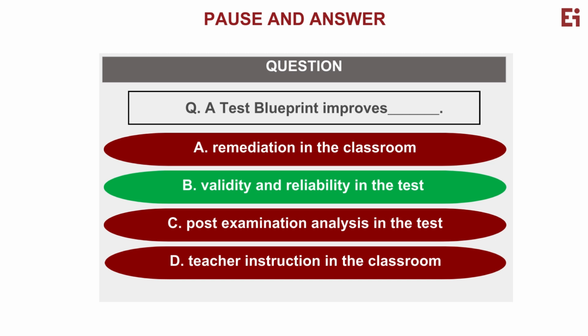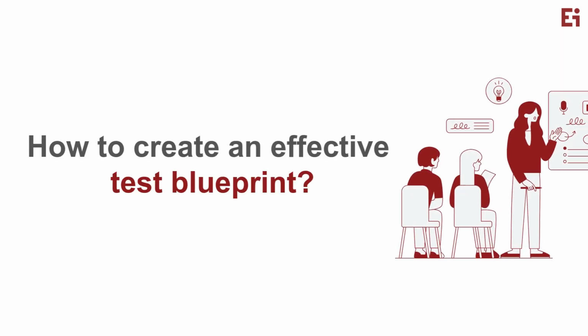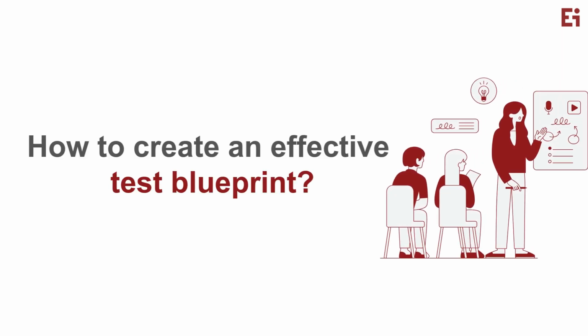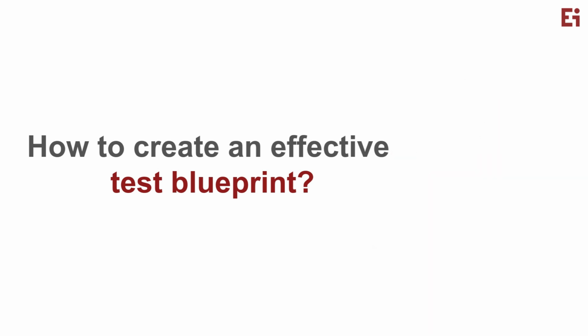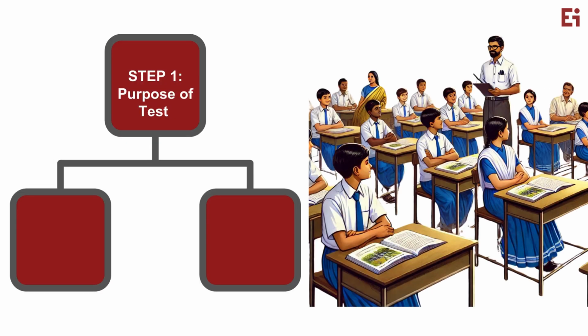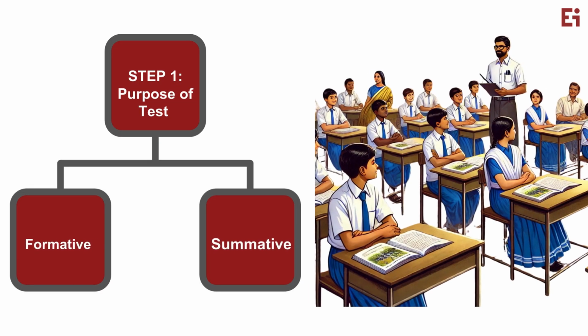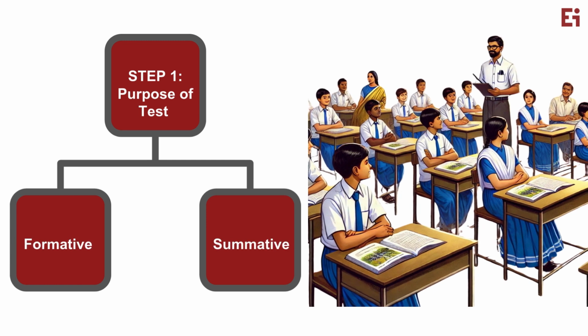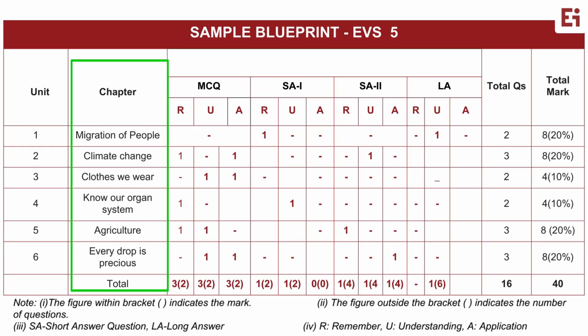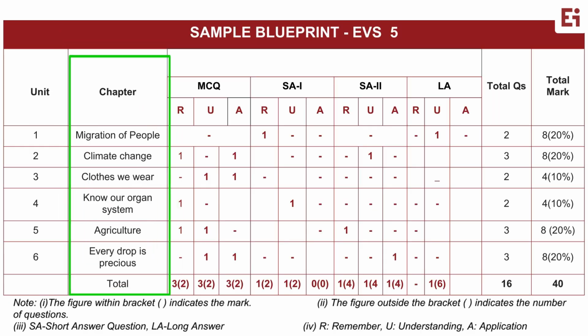Now, let's see how we can create an effective test blueprint. Start by considering if the score will be used for formative or summative purposes and the information you need. Then, the next step is to identify the content of the test. You can start by choosing some topics in your subject.